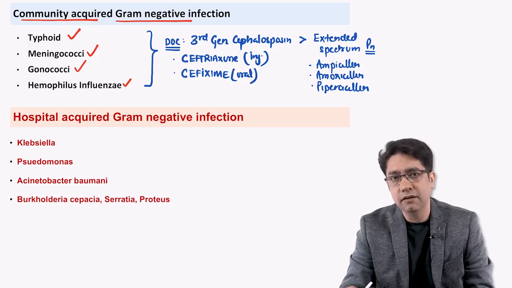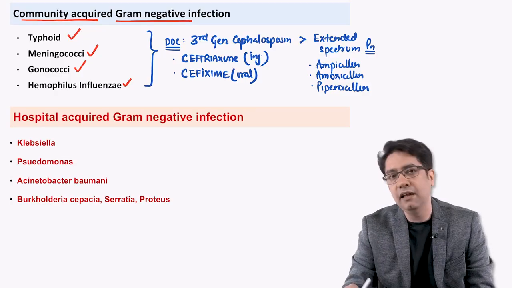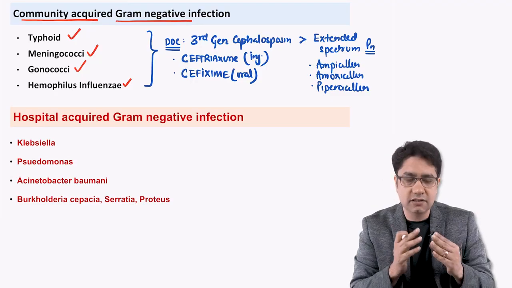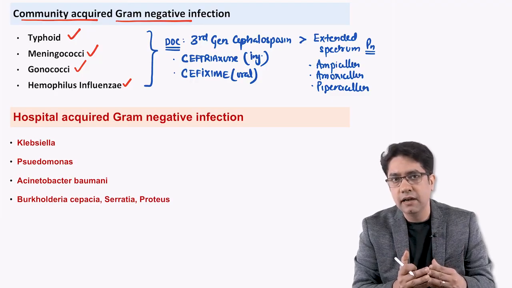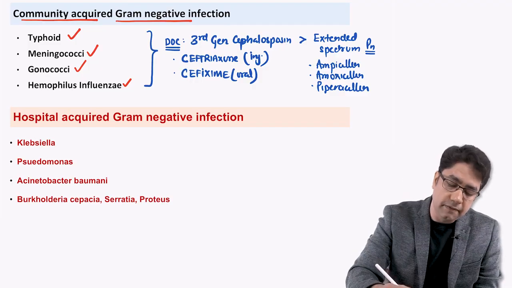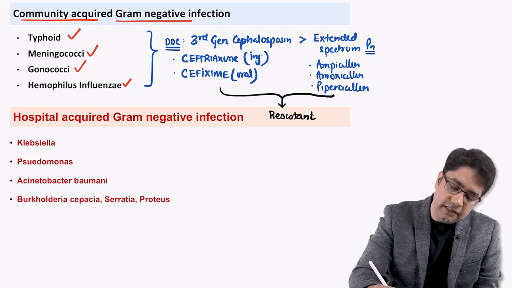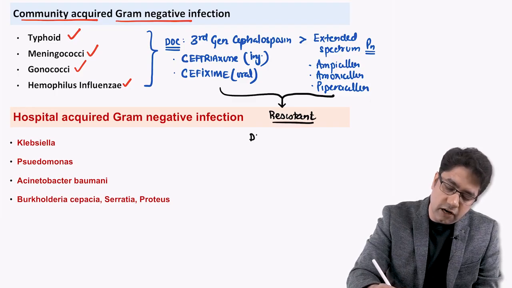But what happened with time, these bacteria are developing resistance against third generation cephalosporins and extended spectrum penicillins. And in resistant cases, we can straight away start carbapenems as the drug of choice.